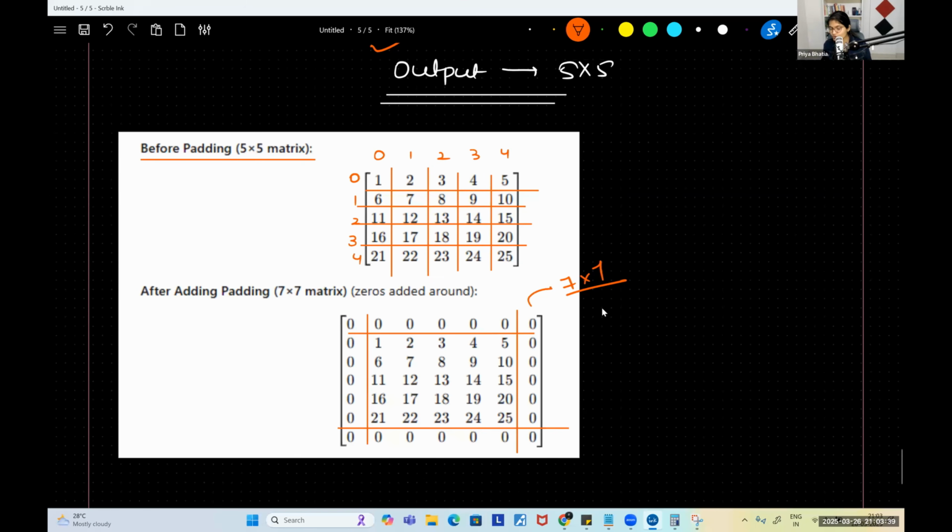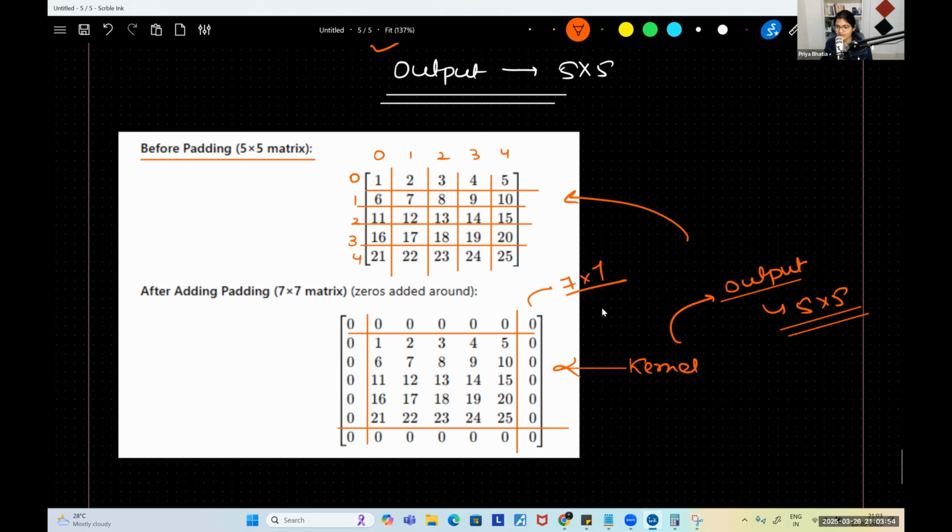And on this, the kernel will be applied to give you an output image of 5 cross 5, which you were getting above. So in a way, your original input image is also 5 cross 5, and your output image is also 5 cross 5.